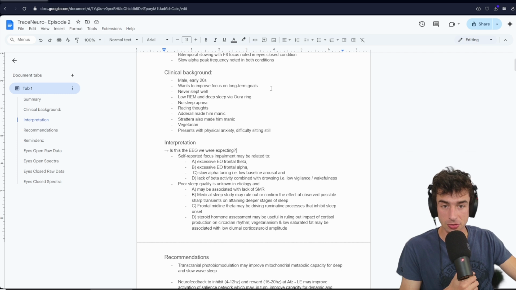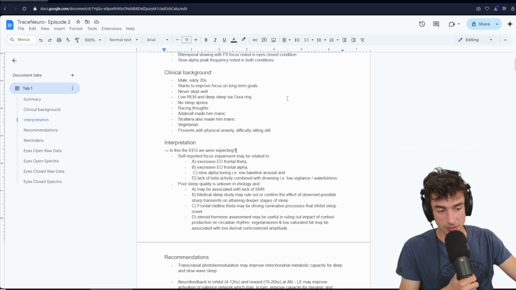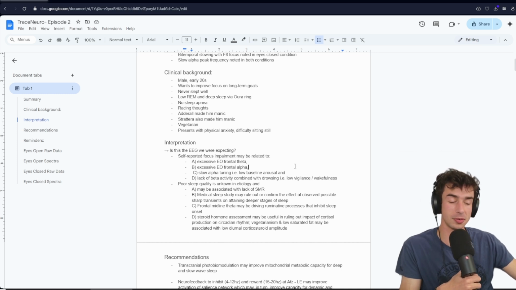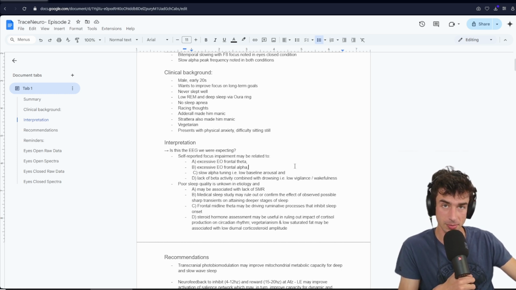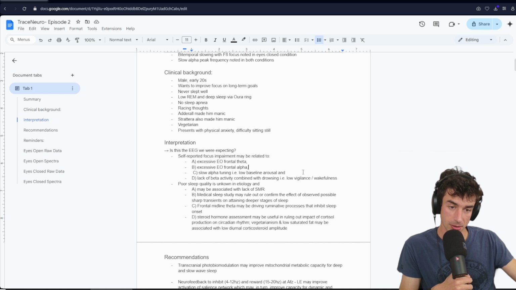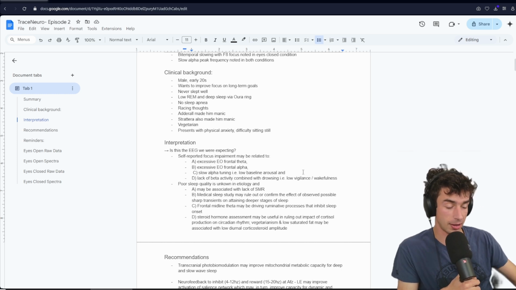Right? In relation to the difficulties with attention, focus impairment, let's say, I think there's a good chance that frontal theta and alpha could be related to difficulty paying attention, maintaining focus. I think also the low alpha peak, right?